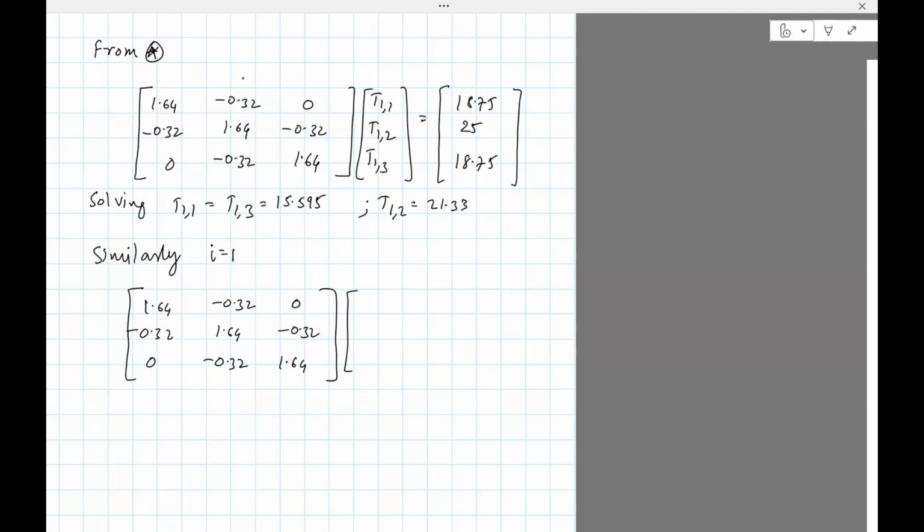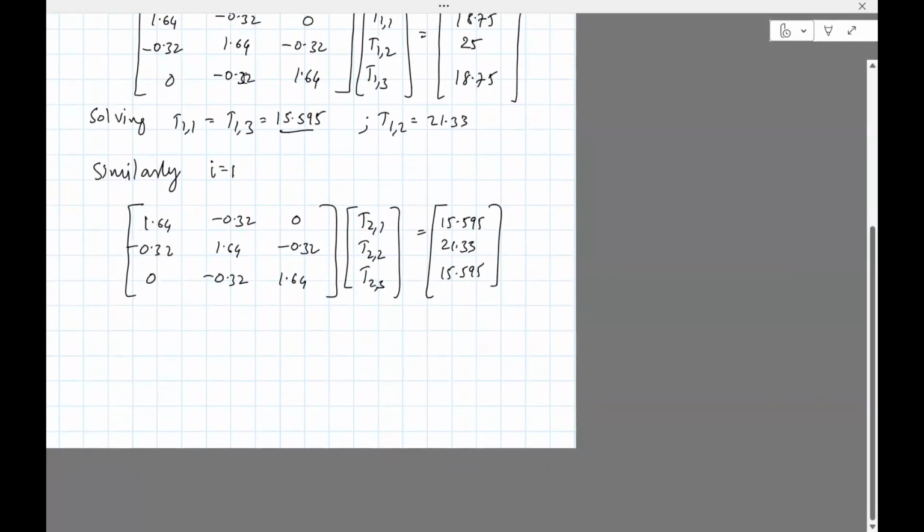You would have T21, T22, T23, and then you will have these values appearing now here. 15.595, 21.33. Okay, so it's just a matter of recognizing the pattern and then solving.